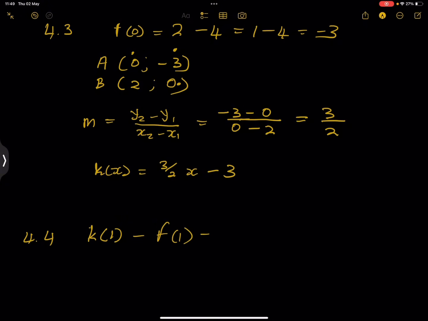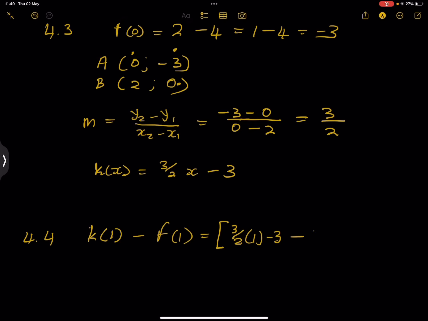All right, so let's take that. Let's start with k rather. So that's going to be 3 over 2 times 1 minus 3, minus f at 1.